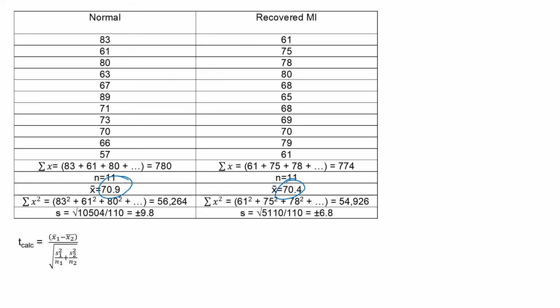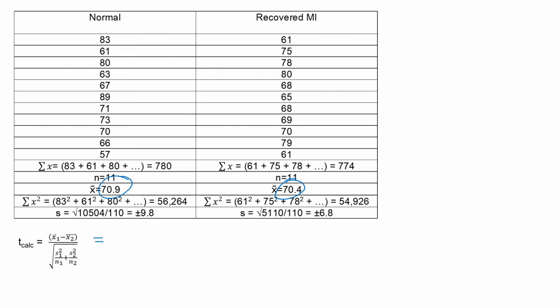To perform that t-test, we are going to follow the equation down below. So let's calculate it together.